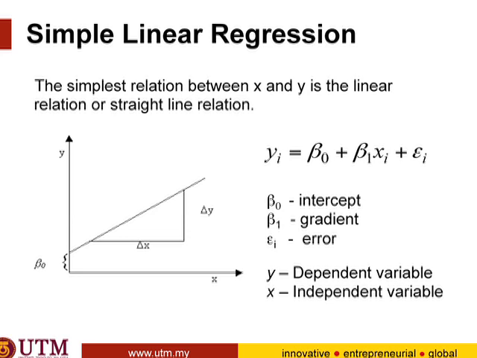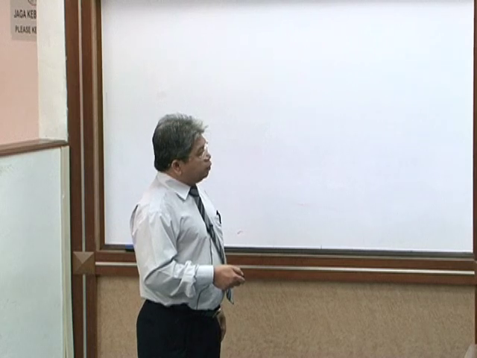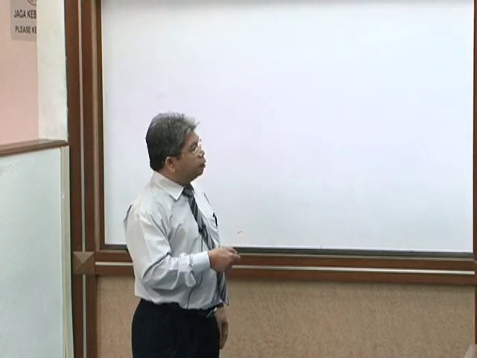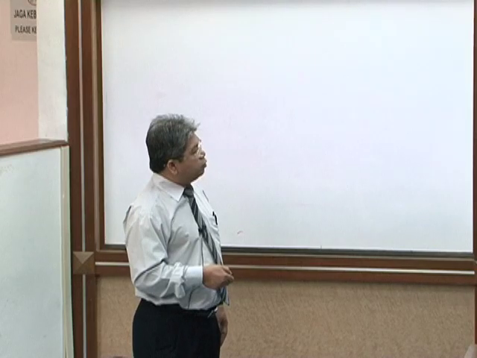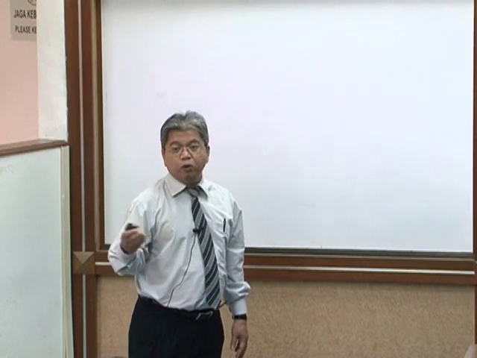The true equation based on the population. What is beta 0? Beta 0 is the intercept in this curve. It's the intercept when x equal to 0, we have value of y which is beta 0. So by definition, beta 0 is the value of y when x is equal to 0.